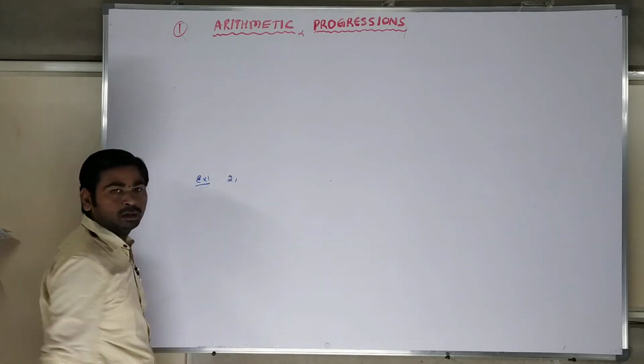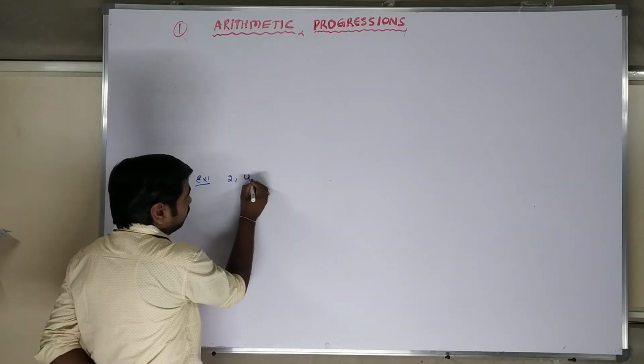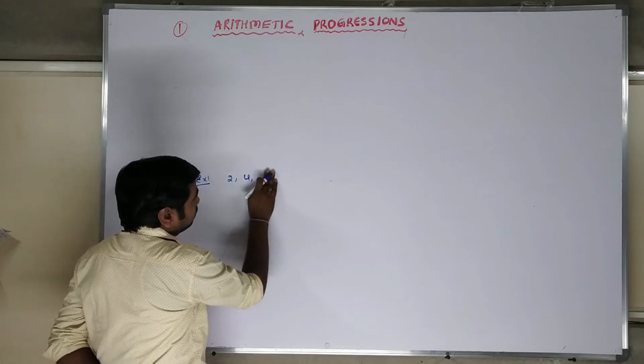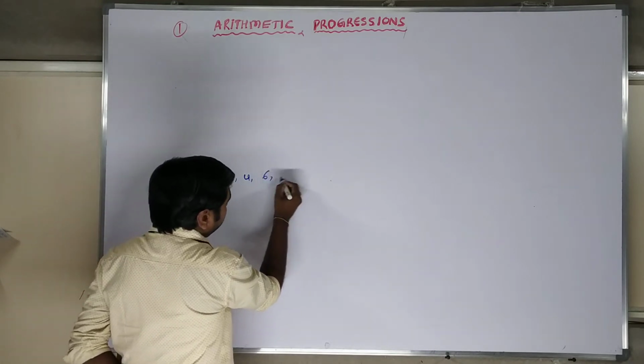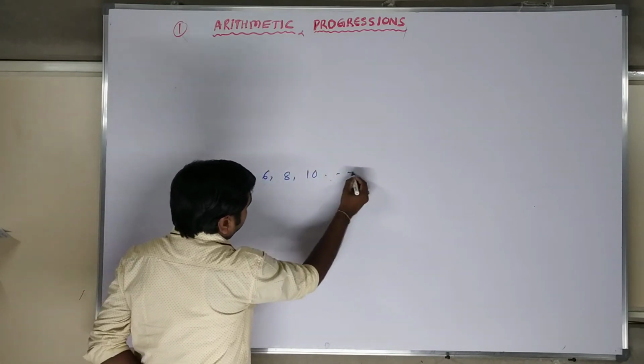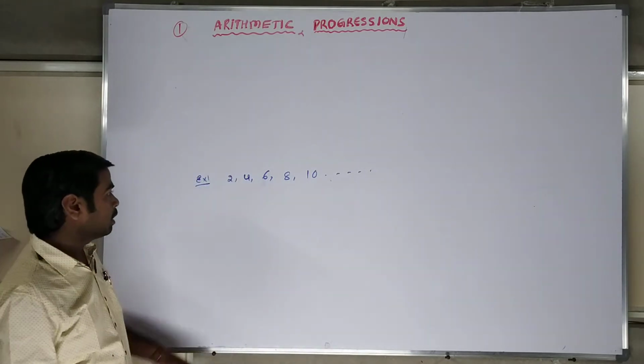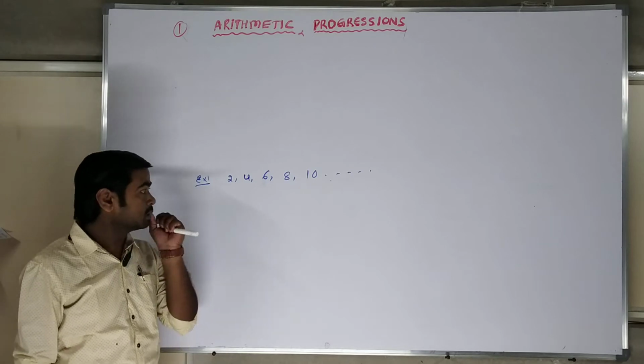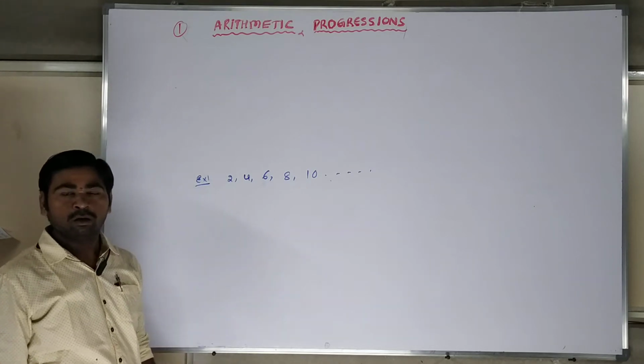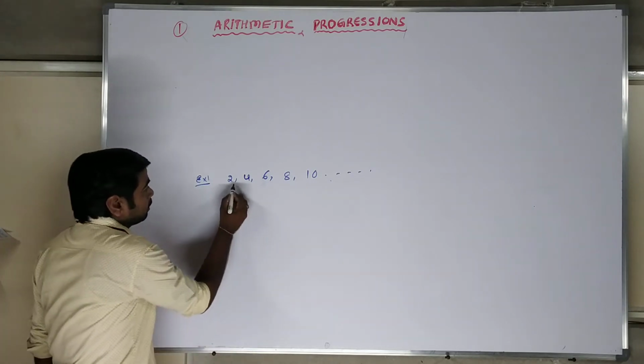We have 2, then after that 4, after that 6, 8, 10. This is an example of an arithmetic progression. So how is the arithmetic progression series generated?